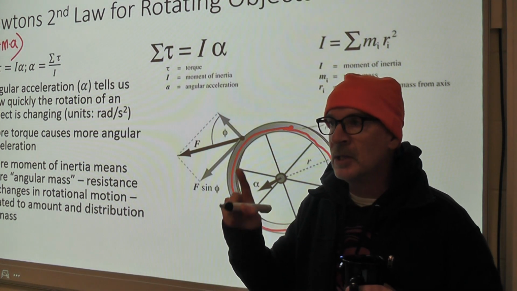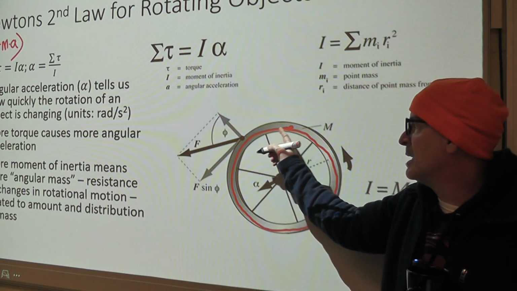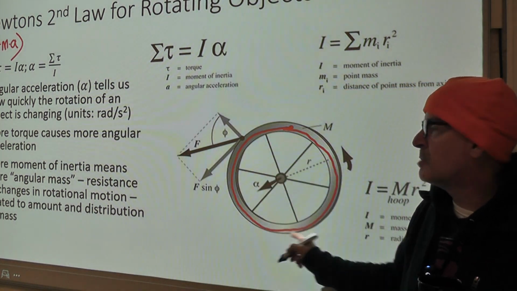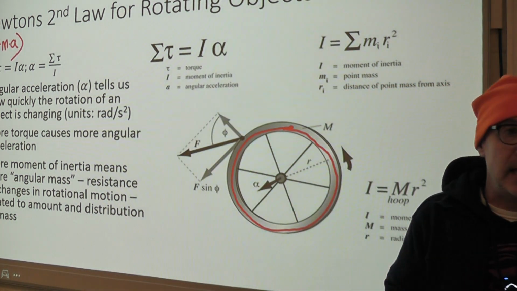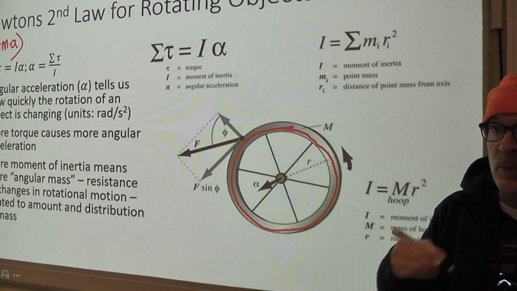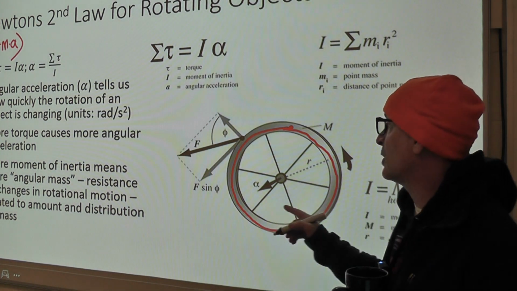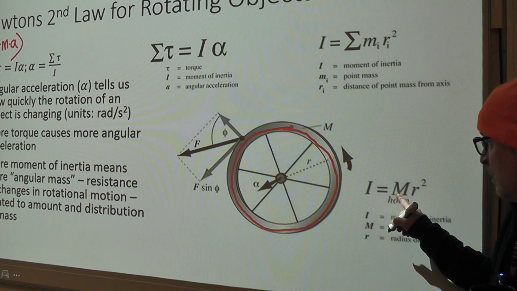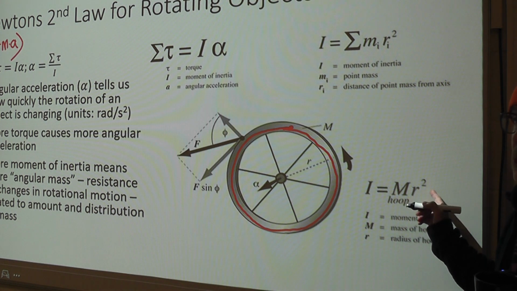We can essentially pretend that this is an infinitely thin hoop spinning around. And in that case, we know what the moment of inertia is going to be. We can calculate it. It's just going to be however much mass there is times the radius squared.